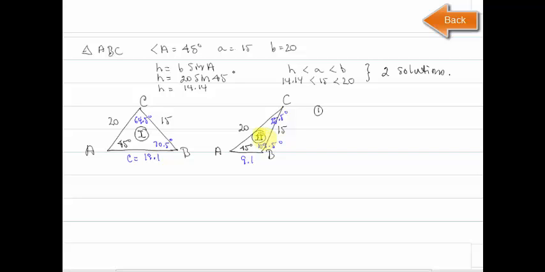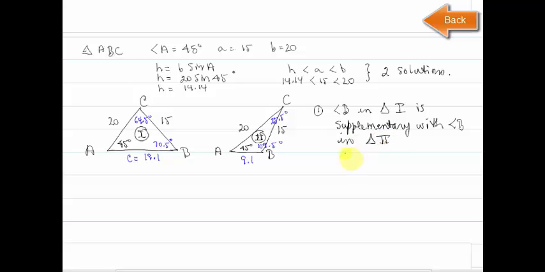The first observation I'd like you to make is that angle B in triangle 1 and angle B in triangle 2 are supplementary. Okay, so angle B in triangle 1 is supplementary with angle B in triangle 2.